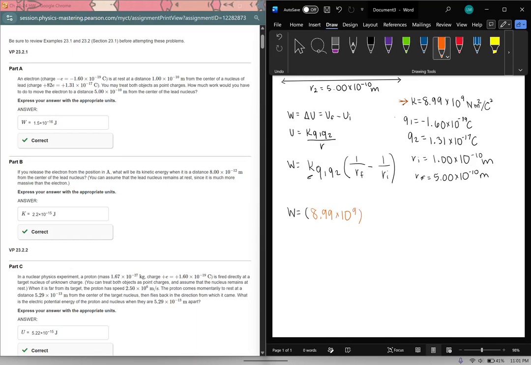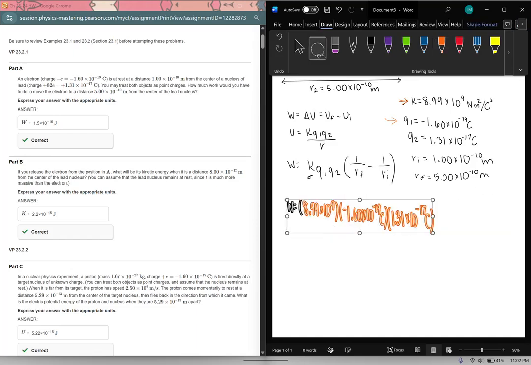Now we're going to do Q1, which is up here. This is negative, so make sure you add your negative sign, 1.60 times 10 to the negative 19 coulombs, and then Q2, which is 1.31 times 10 negative 17. Let me make it smaller so everything fits.